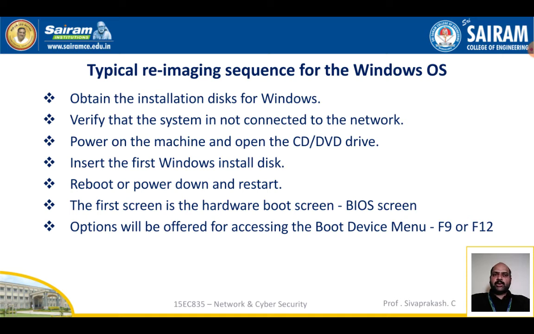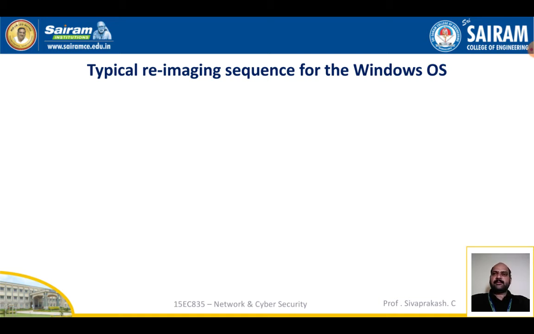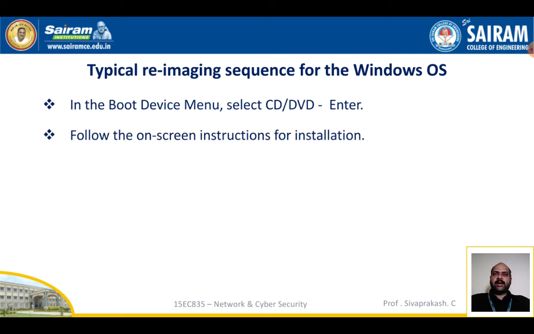If the system does not automatically boot off the DVD, then recycle the power and access the boot device menu. In the boot device menu, you can select a CD or DVD using the arrow keys and then press Enter. And we have to follow the on-screen instructions for installation.